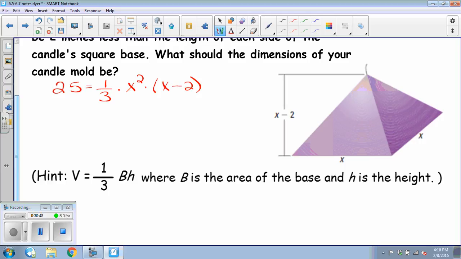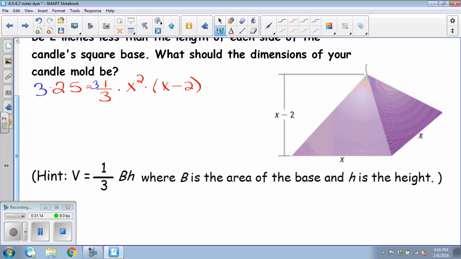Okay, so we need to solve for x. To figure out how to solve for x, we need to set it equal to 0. The easiest thing to do is to get rid of that fraction, and to get rid of 1/3, we just multiply by 3. If I multiply by 3 on the right, I have to multiply by 3 on the left.